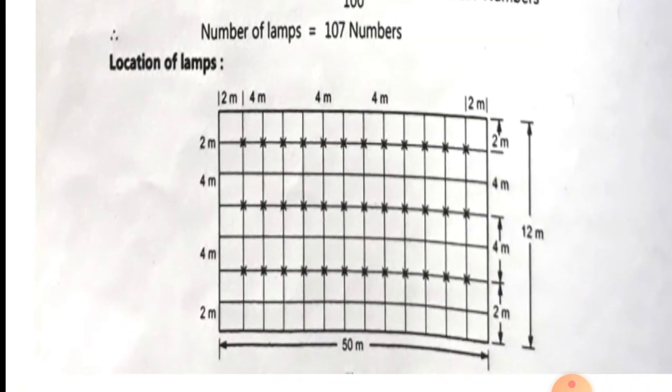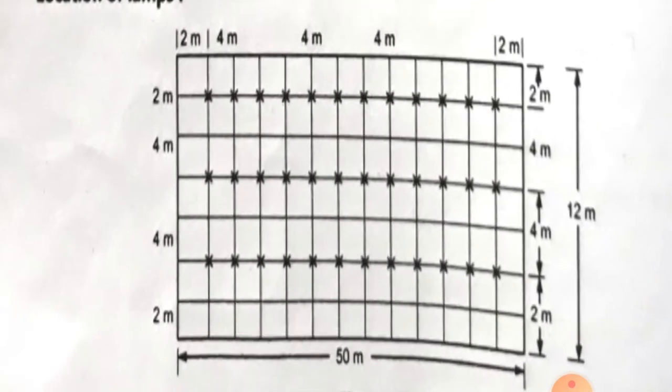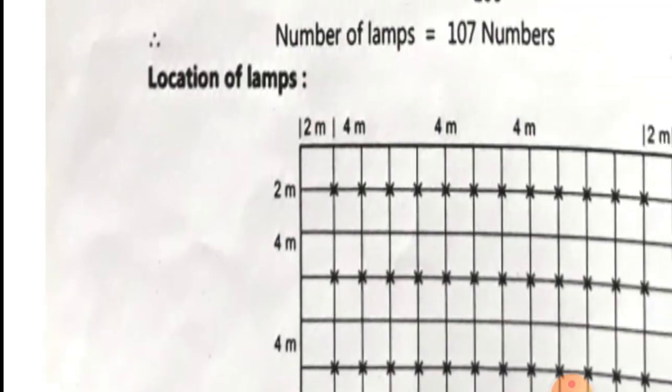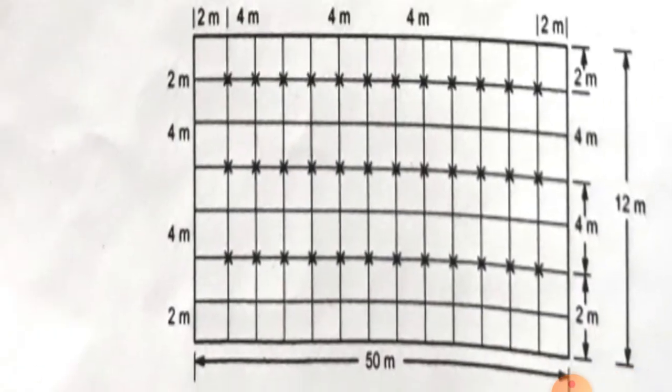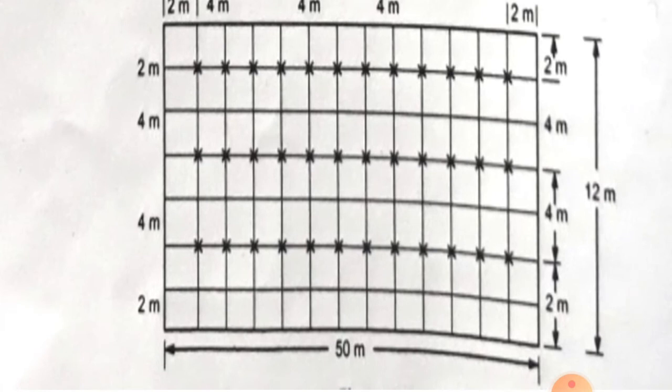So for the disposition of lamps, the layout is displayed. That is 50 meter by 12 meter.